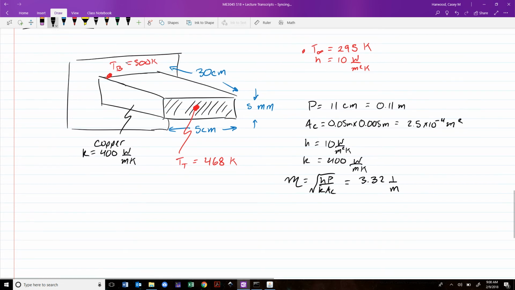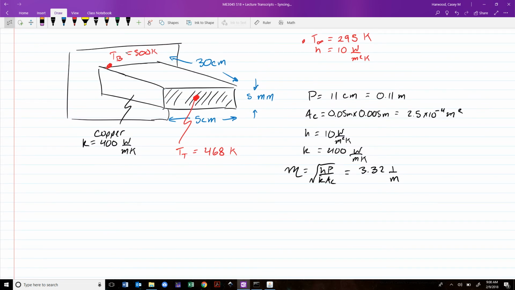So for this particular problem, we are likely to find it easier to work through the solution starting from the hyperbolic function form. We could do it from the e to the mx, e to the negative mx form. That's fine. We'll end up with the same answer.